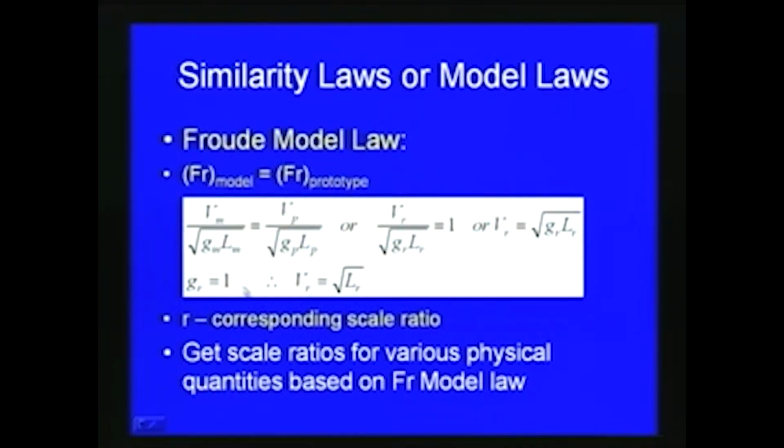So, we can write gr is equal to 1. Now Vr is equal to square root of Lr with respect to the Froude model law. So, this gives the Froude model law.